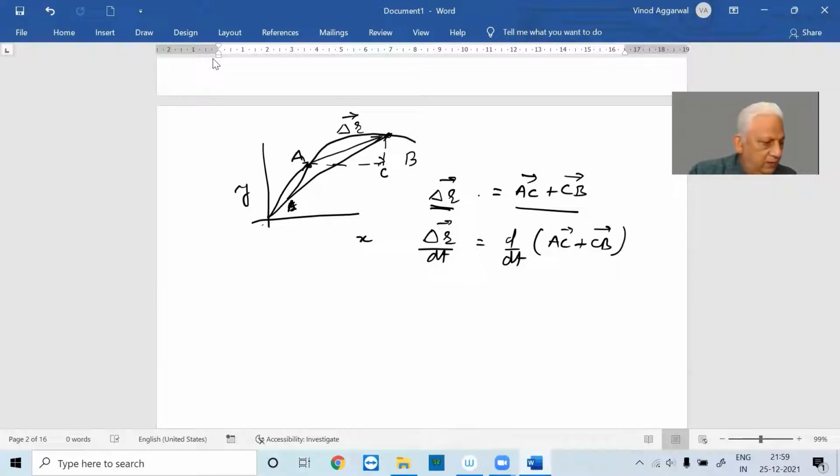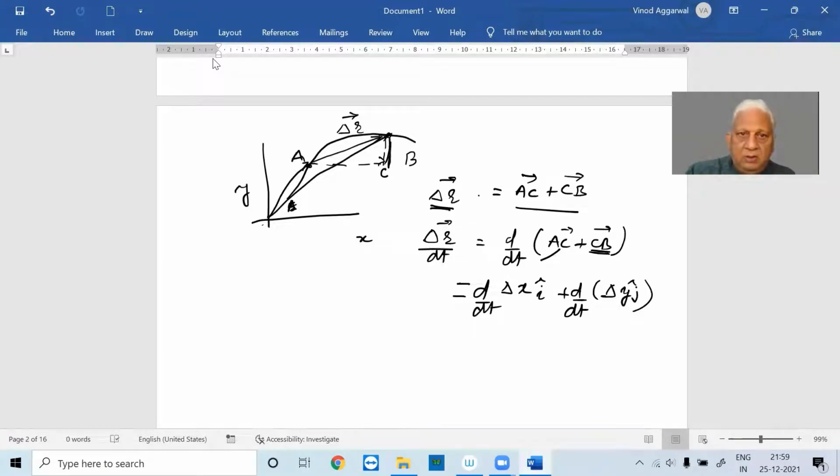Now, this is equal to d by dt of delta x in the i direction plus d by dt of delta y in the j direction, because CB was the change in position in the y direction.